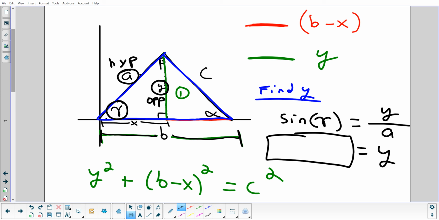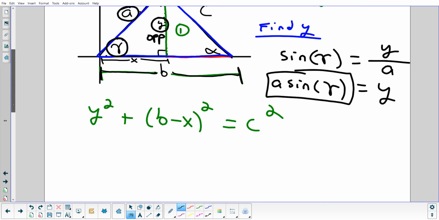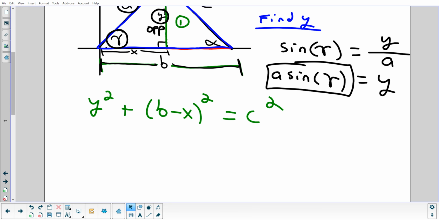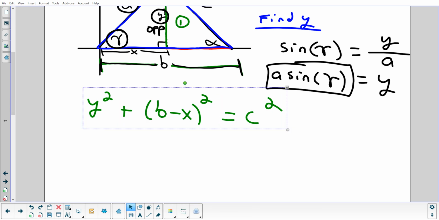So what would y equal? A sine gamma. And that's all information that could be given to you in the problem. A is a side, gamma is an angle. So that's good. So in a second, we'll make that substitution for y in our formula in green, and you have to make a substitution for x as well.